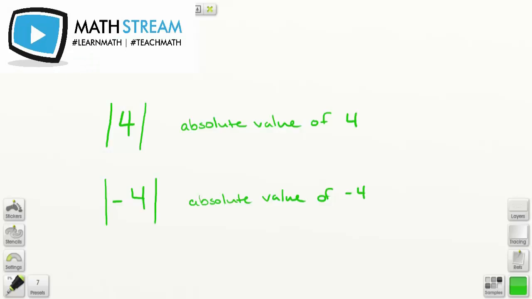So let's look at our symbols here and talk about what it means to find the absolute value of 4. How big is 4? If it was 4 miles walking north, the absolute value would be just +4. Does that change the answer here with the absolute value of -4? I'm asking how big, how great is this number?